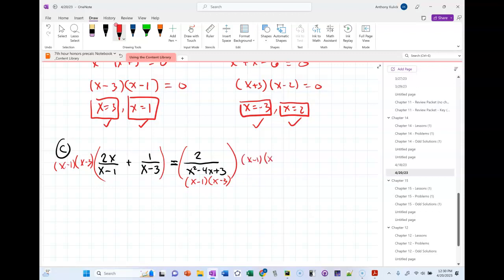Everybody okay with this? Again, we've done this before, so I'm just kind of skating past some details. If you feel lost, speak up and say something. I can elaborate a little bit more, ask a follow-up question or whatever you need. But I'm just assuming that this is okay since we've done this before. All right. 2x times x minus 3 plus 1 times x minus 1 is equal to 2.